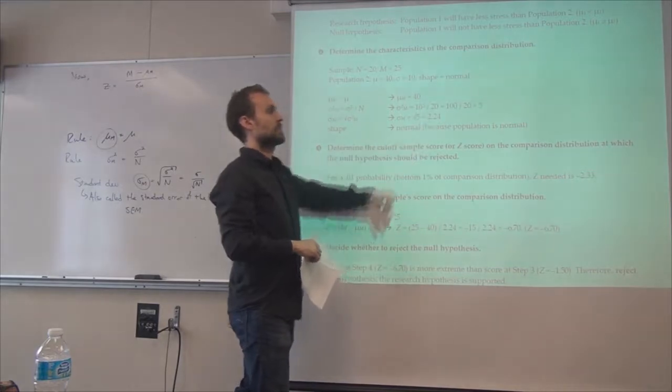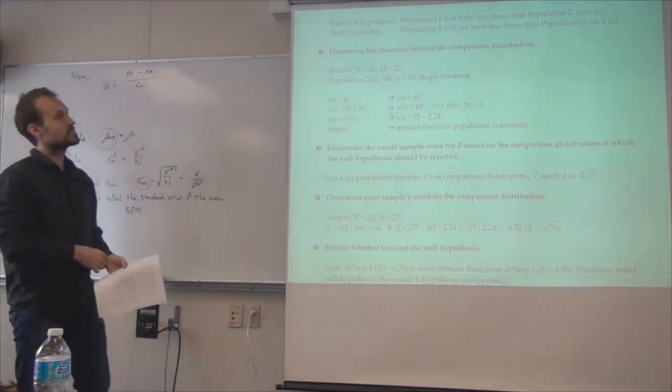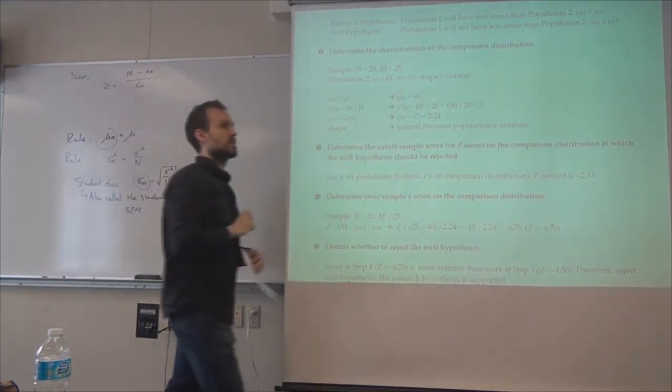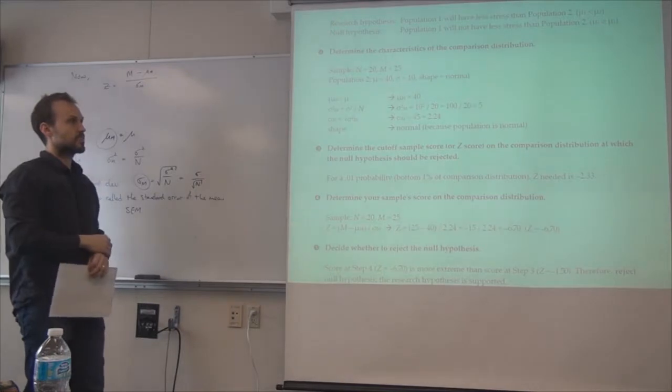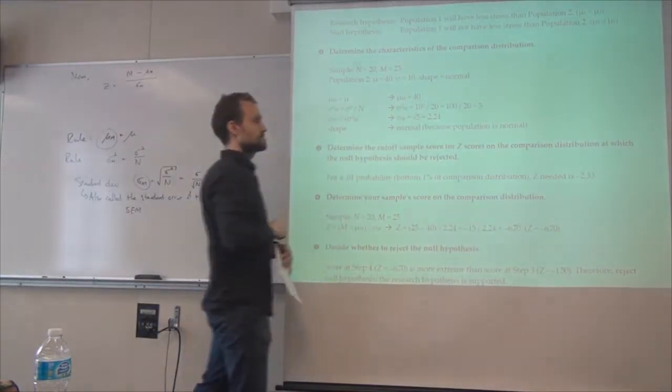Either way, you get 2.24 as the standard error. So it's less than the individual distribution. There's less variance, there's less deviation from the mean. And the shape is normal because the population is normal.